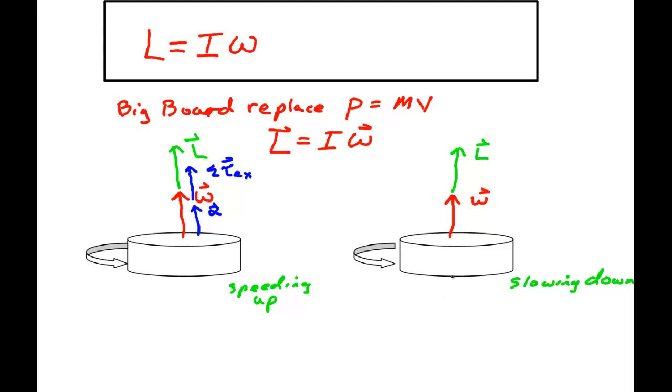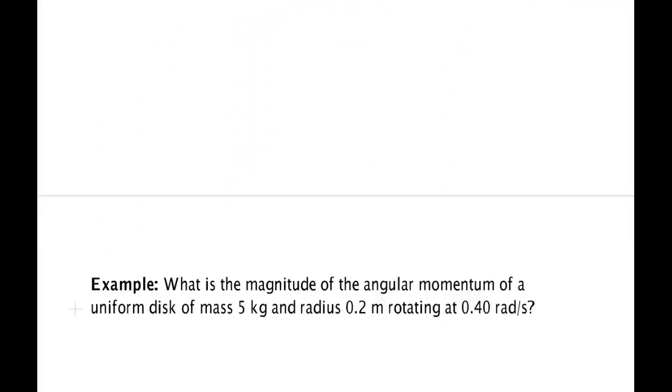Over here, since it's slowing down, alpha is pointing this way, and that also means the sum of the torques is pointing down. So torque and alpha are aligned, and omega and L are aligned, for an object that's rotating on a fixed shaft.